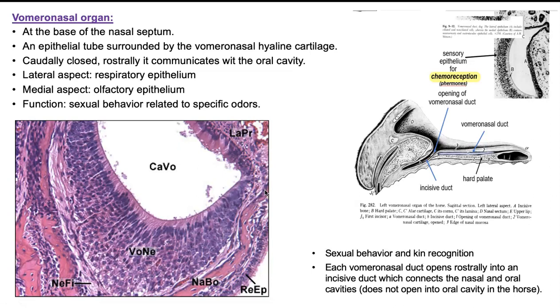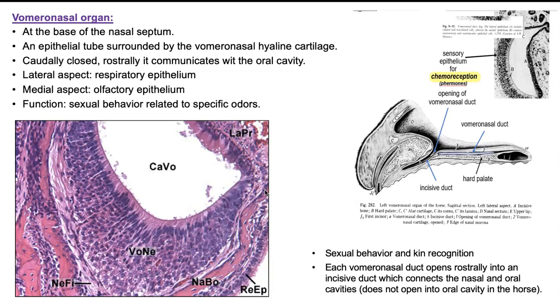The vomeronasal organ is present at the base of the nasal septum, and it is connected by the incisive duct. The incisive duct connects the oral cavity and nasal cavity: in the oral cavity at the incisive papilla, and in the nasal cavity it joins with the vomeronasal organ.